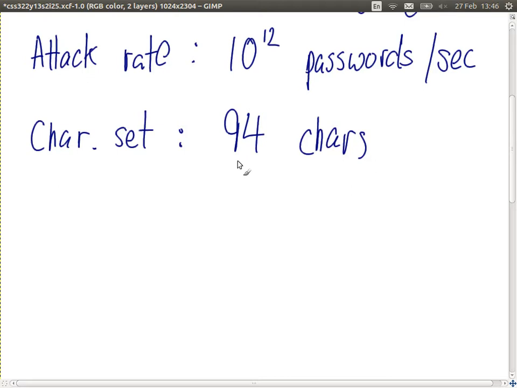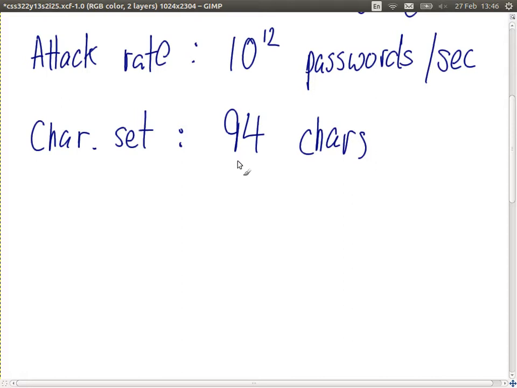So we have a limit usually. We cannot have an arbitrary size character set. So choose a password length such that 94 to the power of that number, if we did a brute force attack, it would take too long. So there's one approach for a password selection algorithm.